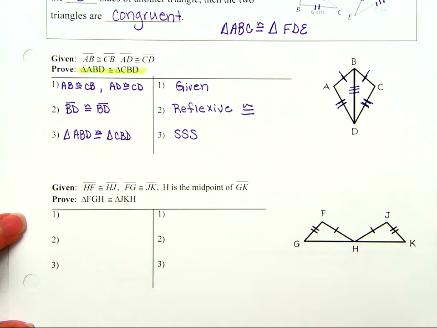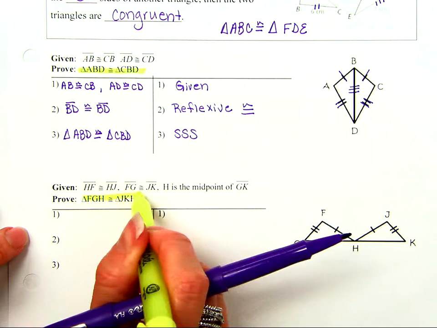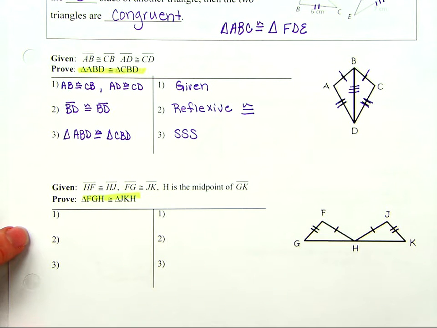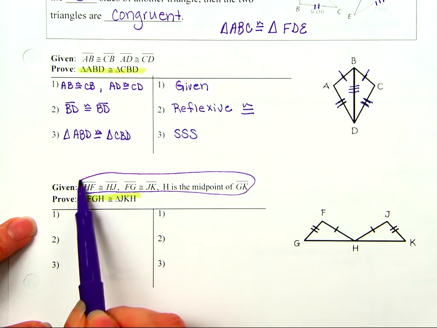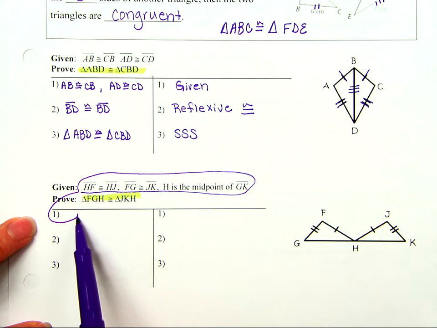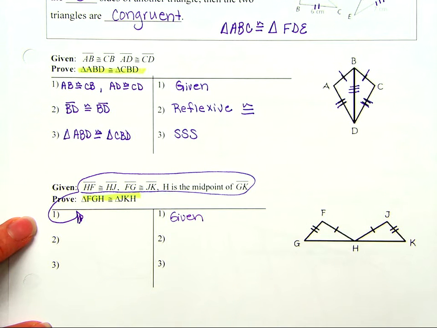Underneath that, I'm given a second proof. Much the same, I'm trying to prove that I have congruent triangles. I know that I'm going to go ahead and start with my given information. And because this time we have quite a bit, I'm just going to go ahead and take this and move it down here with an arrow, saying that we're going to start with that given information.